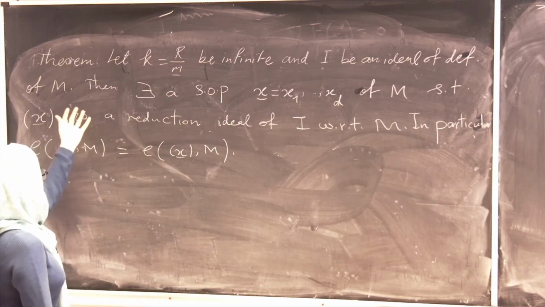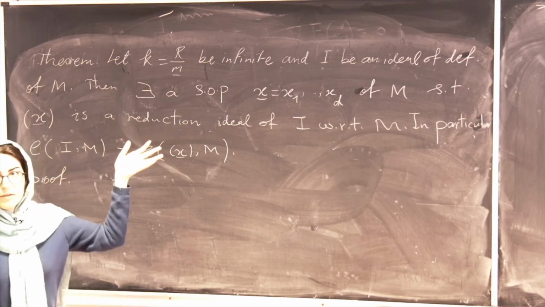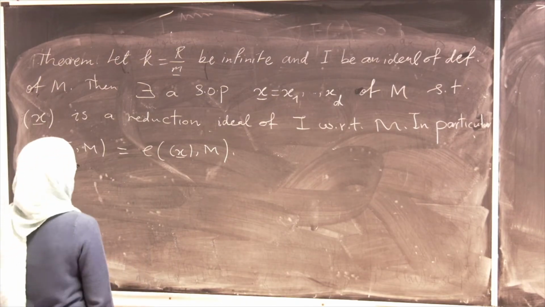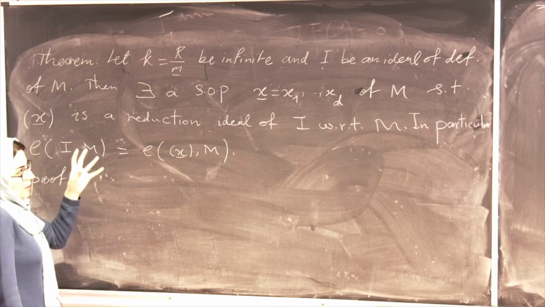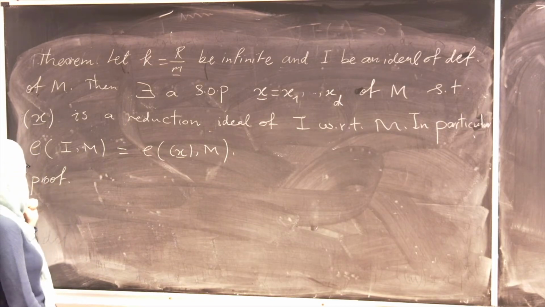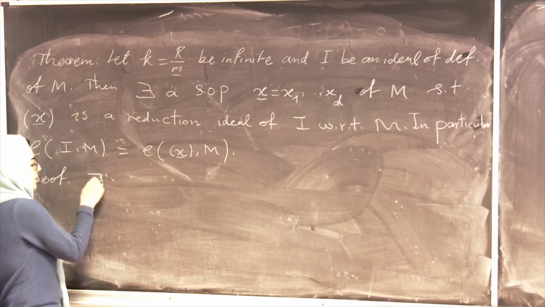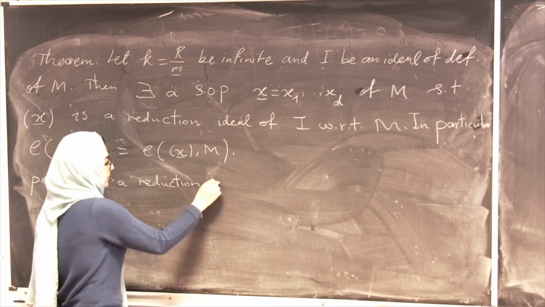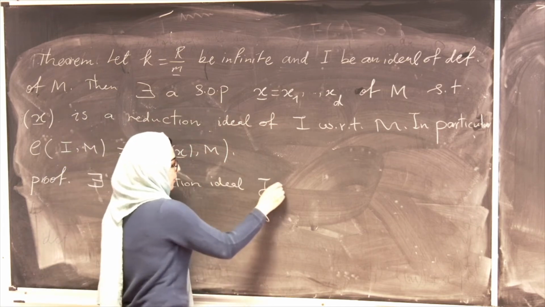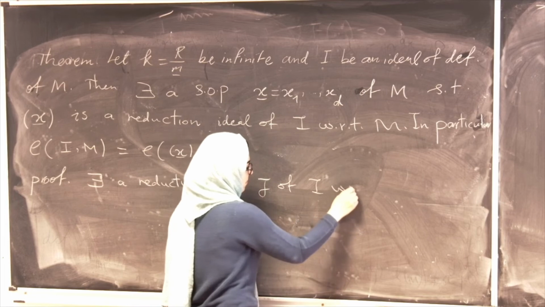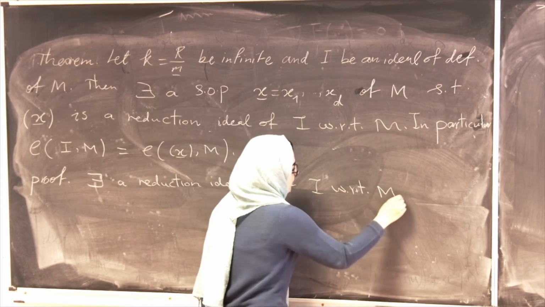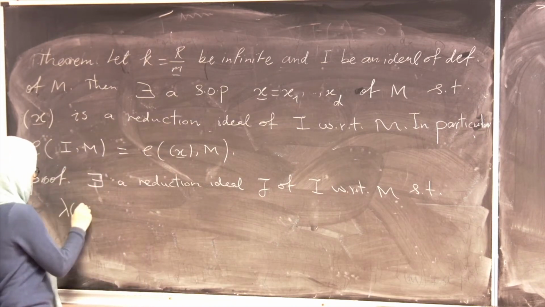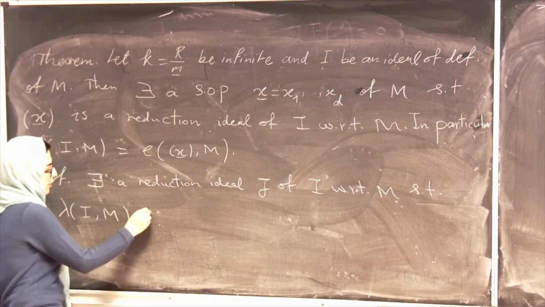Under the assumption that K is infinite, in the previous theorem we saw that the analytic spread is just the mu of some nice J, which is a reduction ideal of I. So we know that there exists a reduction ideal J of I with respect to M, such that the analytic spread of I with respect to M is just mu of J.